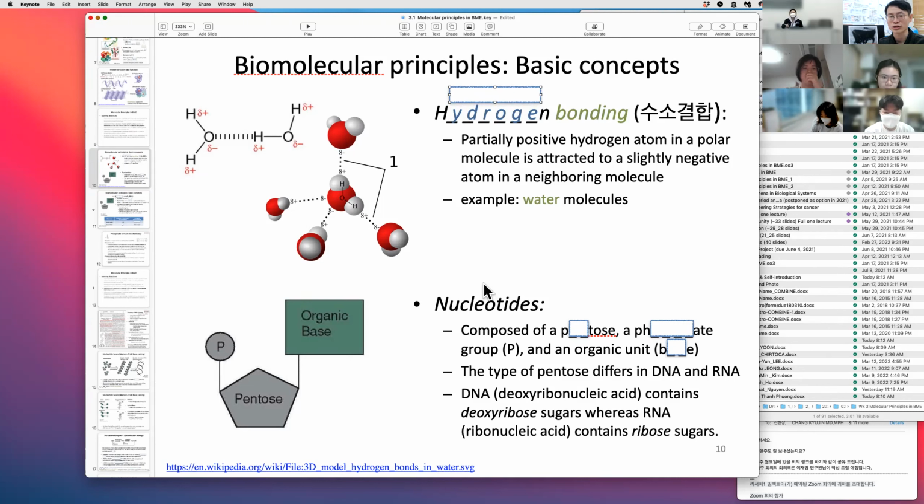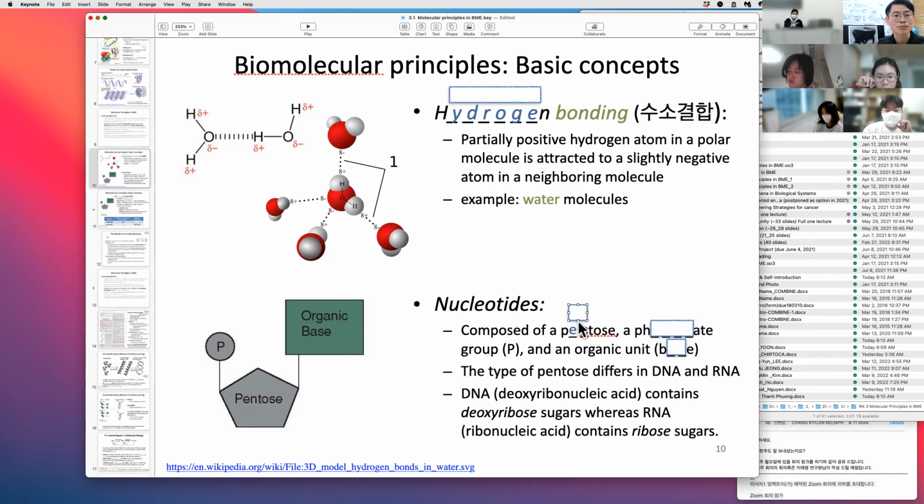It's a nucleotide, which is composed of a pentose, or five-carbon sugar molecule, a phosphate, and an organic base. This organic base determines the 4 types of nucleotide. I already told you it's a pentose.